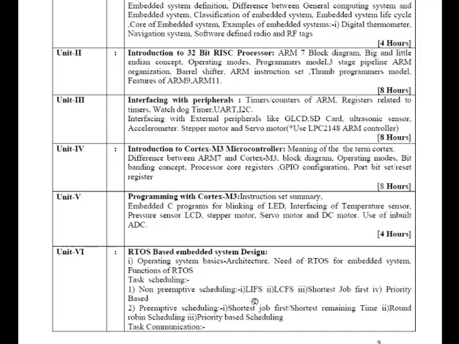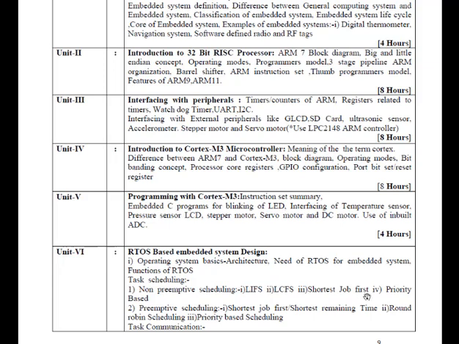LIFO means last in first out, then last come first. These are different types of scheduling, meaning different types of jobs. Then shortest job first, which means the job with less execution time will be executed first.